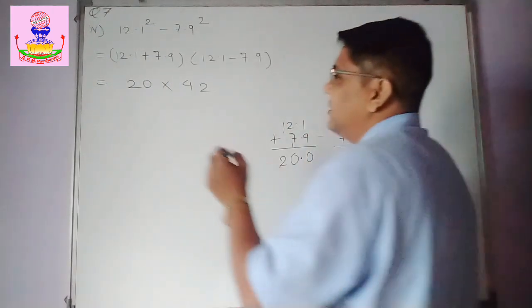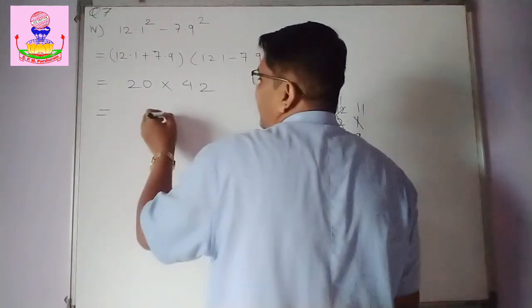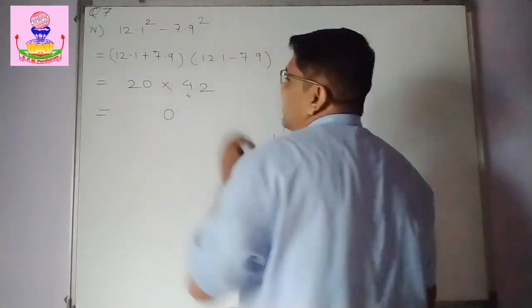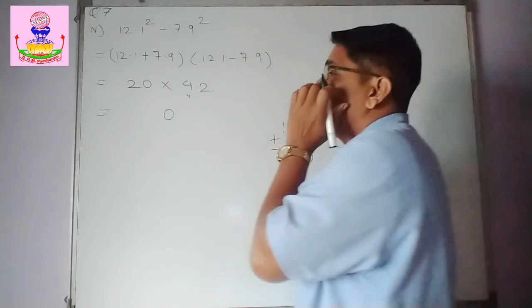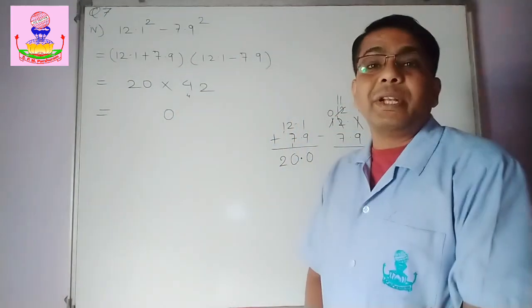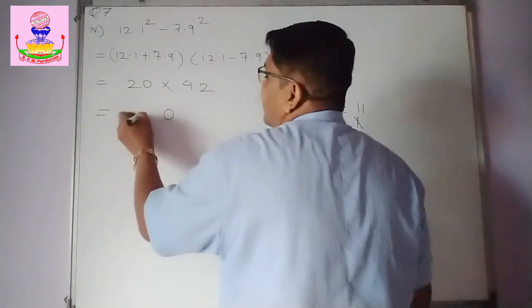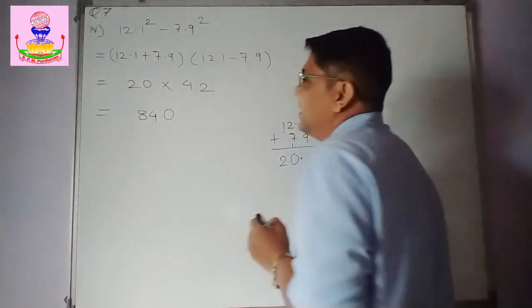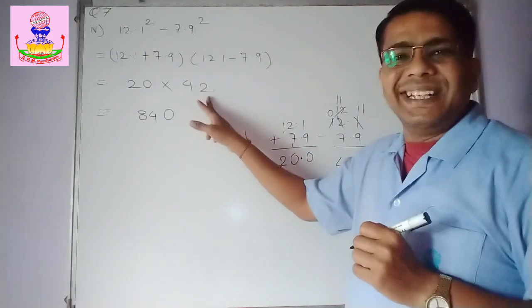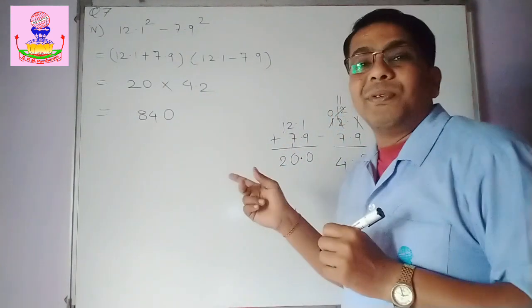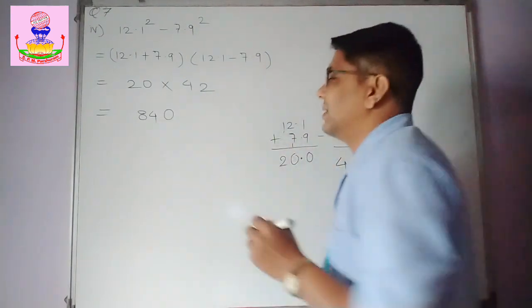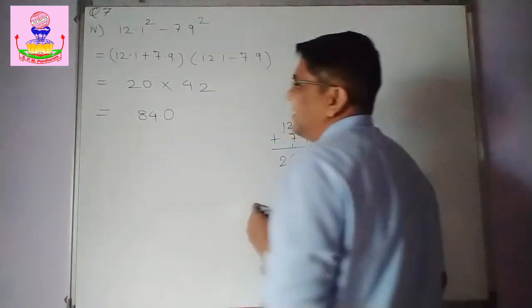Now it is easy. 2 twos are 4, I know the tables, 2 twos are 40. And 2 fours are 8, 80. 80 plus 4, 84. Decimal point after 1 digit, counting from right hand side towards left hand side.